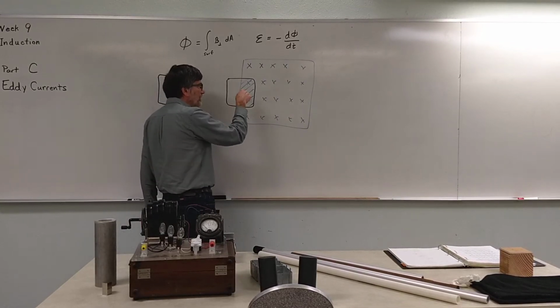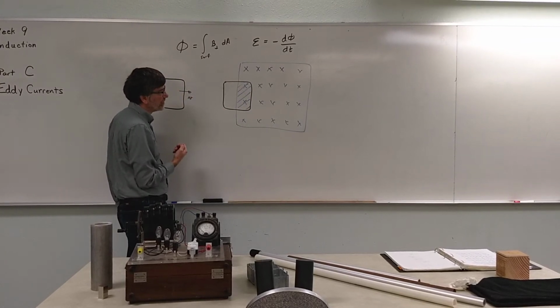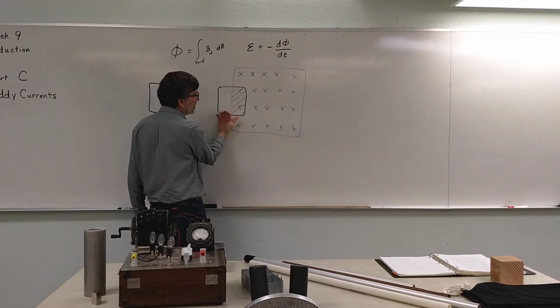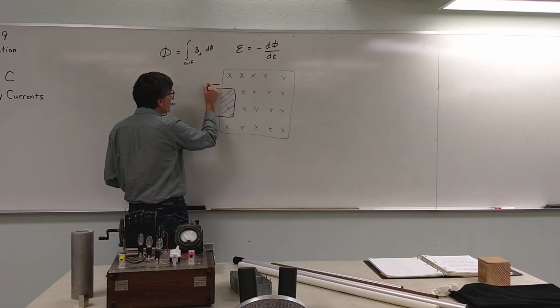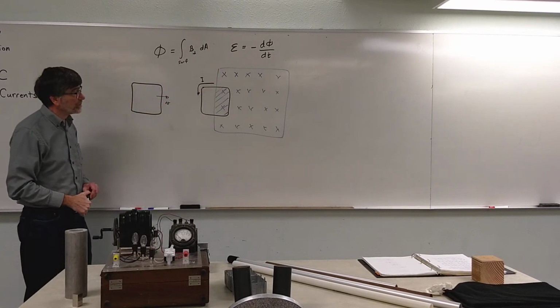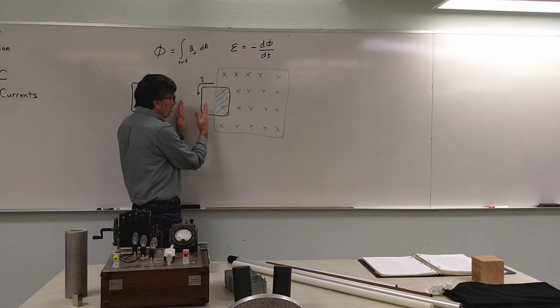You're getting more and more into the board, so you need some coming the other way to oppose that change. So you've got to have fingers coming out of the board, and so your thumb is going to be going around this way. So we expect current, in this case, to be going that direction around the loop while it's entering.